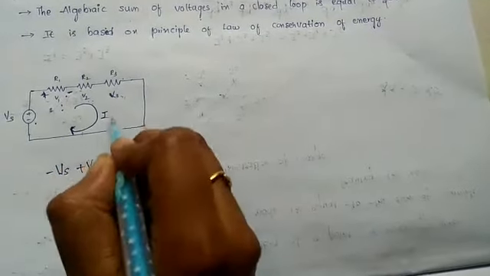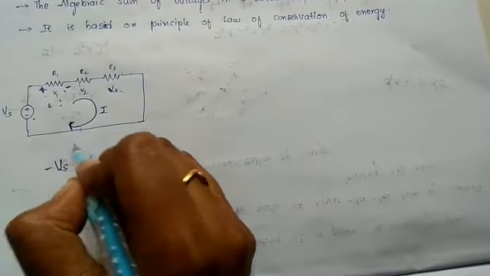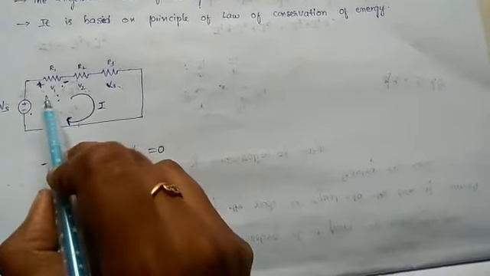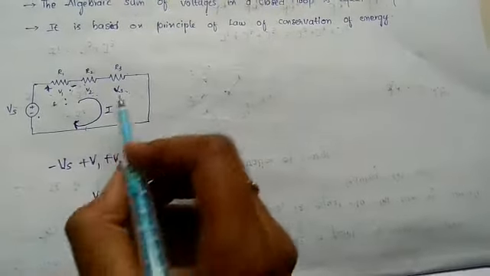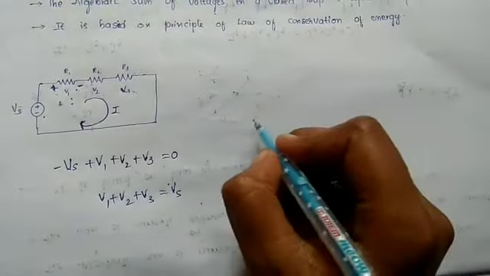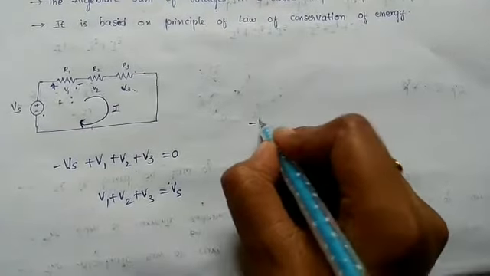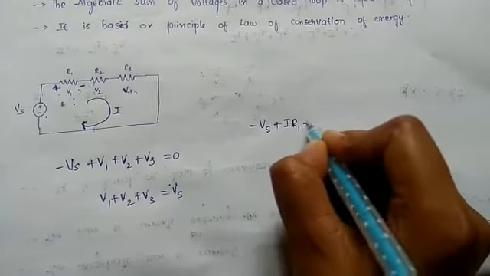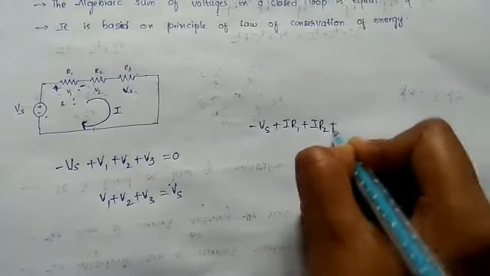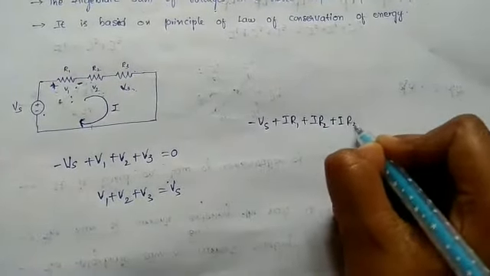Let the current I flow in the circuit in a clockwise direction. Assume that voltages are not present. By Ohm's law, we already know that V is equal to IR, right? So by that we write minus Vs plus IR1 plus IR2 plus IR3 is equal to 0.